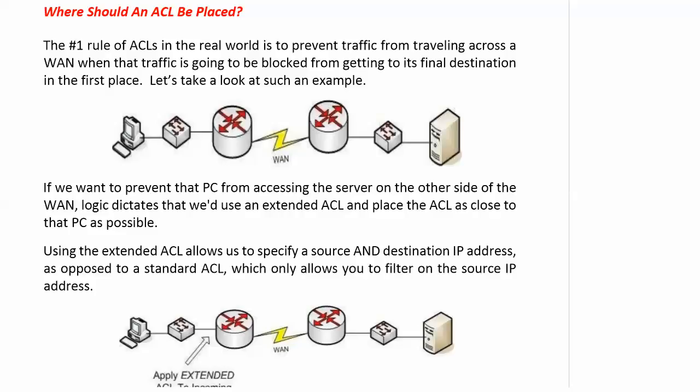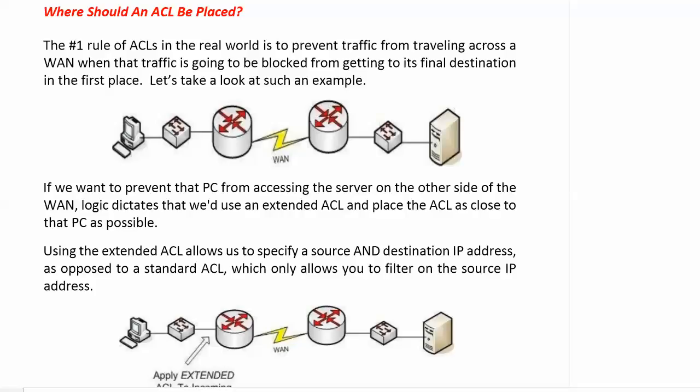Well, there's no use in having the routers process packets and forward them if at the end of the line they're going to get dropped anyway. So this is where the confusion came in, because of course, logic says, hey, we want to stop the traffic as soon as possible so it's not going across links and it's not taking up bandwidth unnecessarily.